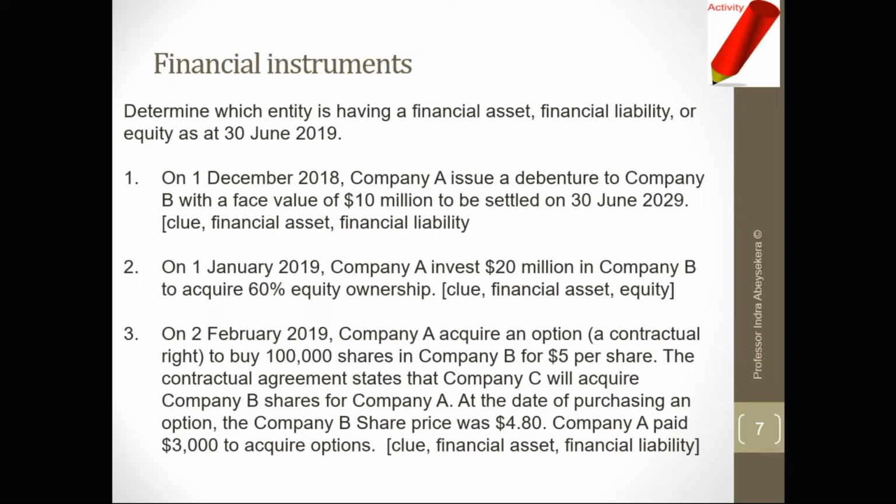So A has an asset to buy shares in company B. The contractual agreement states that company C will acquire company B shares from company A. So company C has an obligation to deliver equity to company A. But company B has no obligation or no benefit through this transaction, because those are shares that are acquired in the secondary market by company C to give to company A.